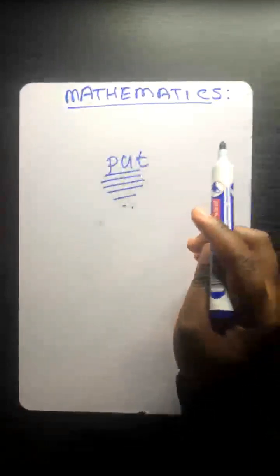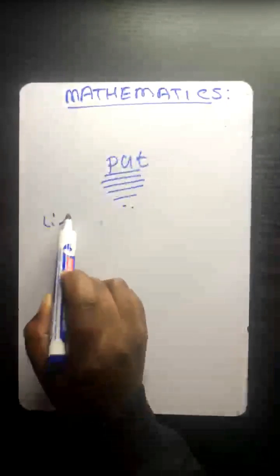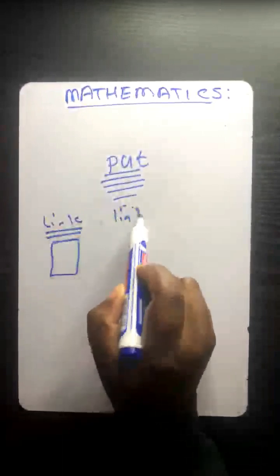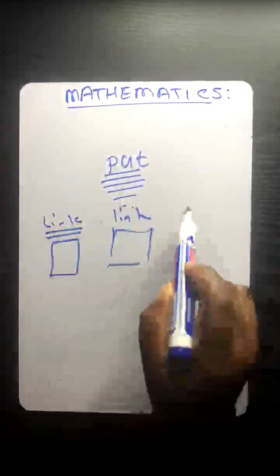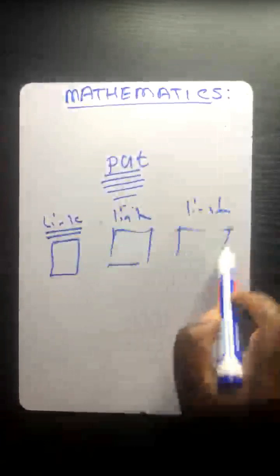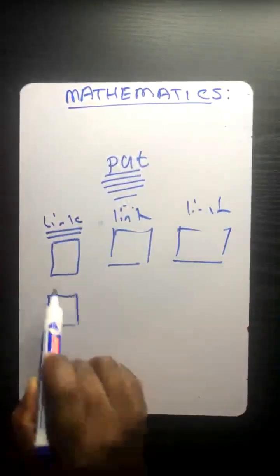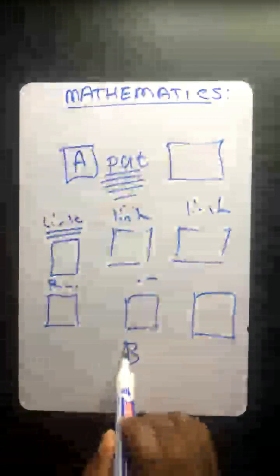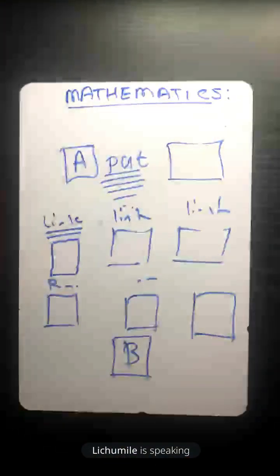Or should I separate it and have a link for only solve for x, another link for functions only, another link for number patterns, another for probability, another for whatever? Or should I just put everything in that one link? You will just scroll down to where you want to catch up. Which one do you think is better? Option A or option B?